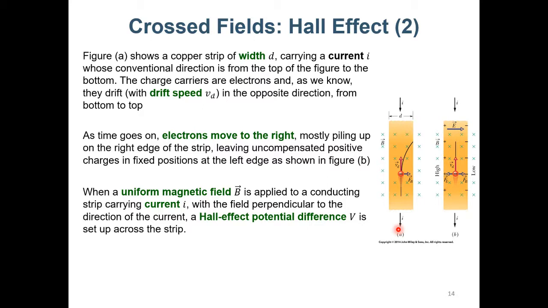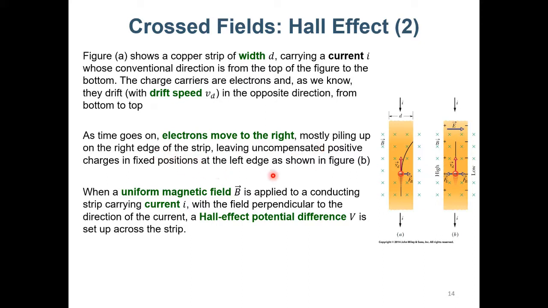So v cross B is something like this, pointing to the left, and the particle is negative charge. So you have a minus, so q v cross B is pointing to the right side, as shown in here, F_B pointing to the right side.